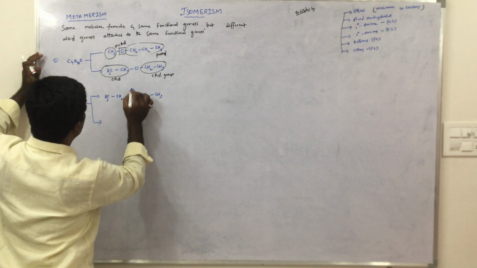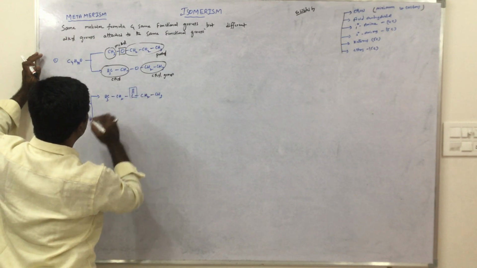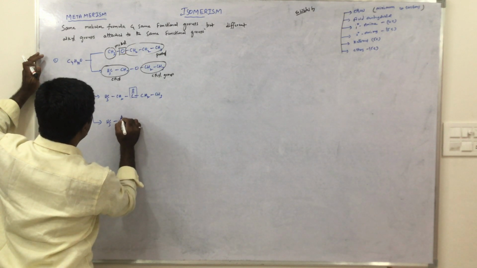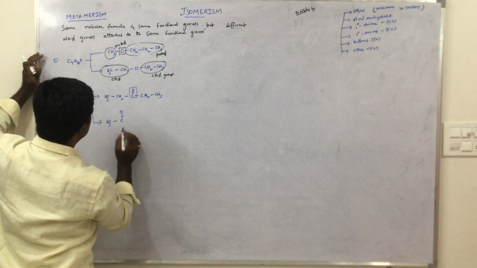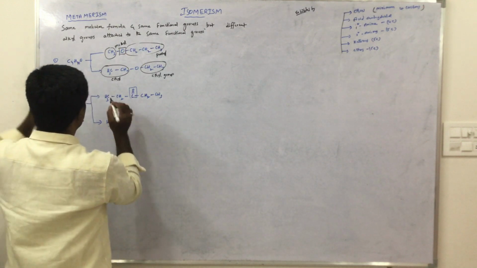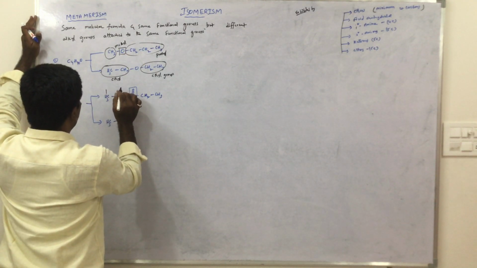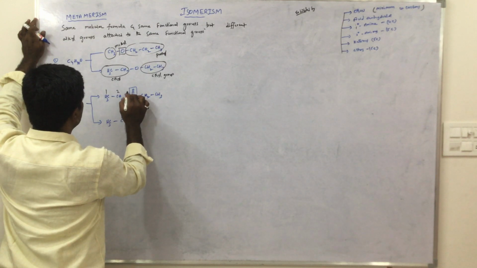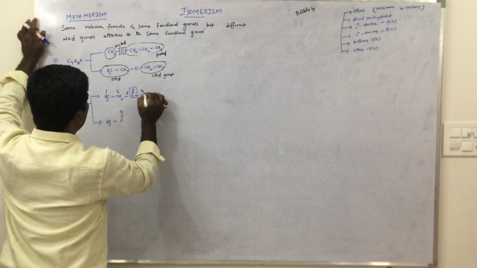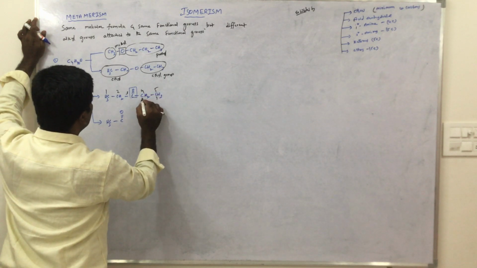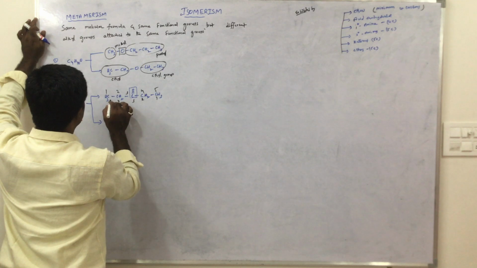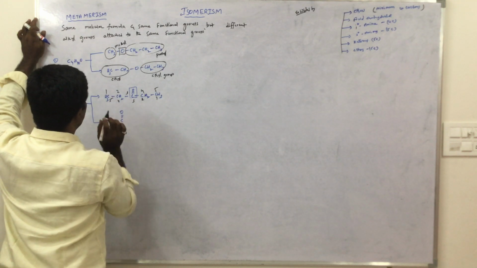This is the keto group. Numbering from left to right or right to left gives the same position: the keto group is at the third position. Both sides are the same pattern.